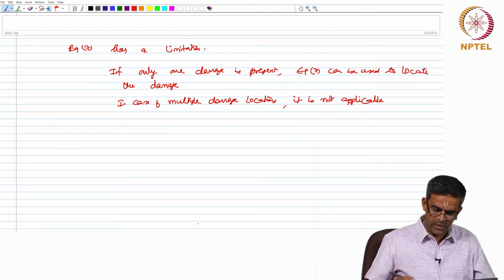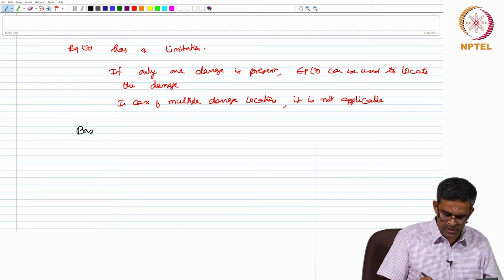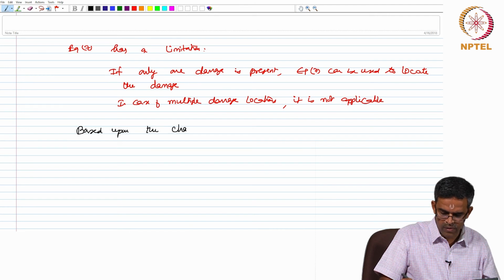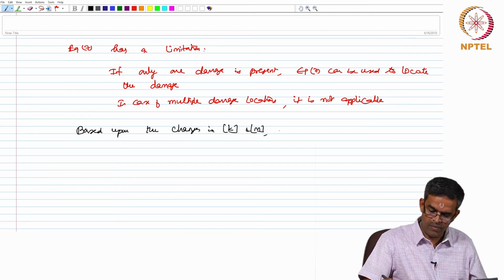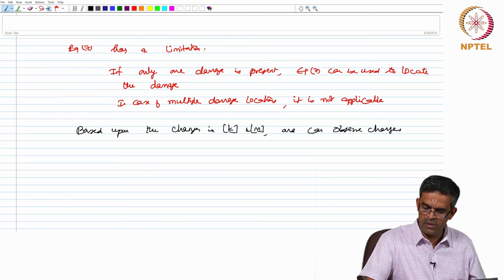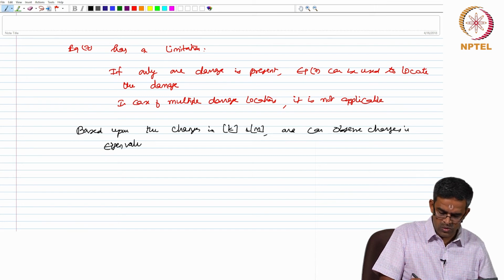We have now seen, friends, that based upon the changes in stiffness and mass matrix, one can observe changes in eigenvalues before and after damage.